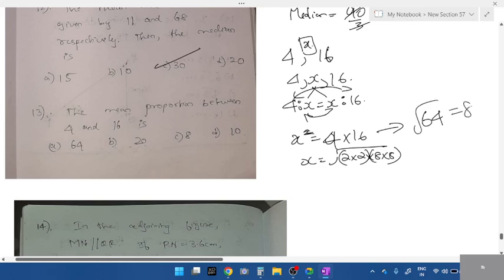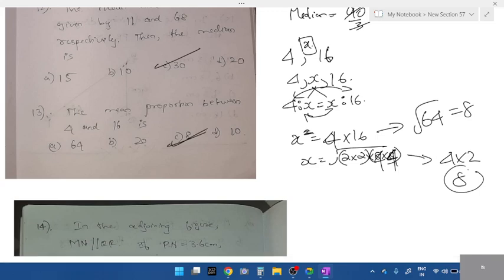Square root of 64 is 8. You either do it like this or you do it like this. The answer is 8. This is the formula. So I've given one mean question. Open a textbook, read what is mean, median, what is fourth proportion, not mean, sorry, proportion, students. Proportion chapter. Go through that.